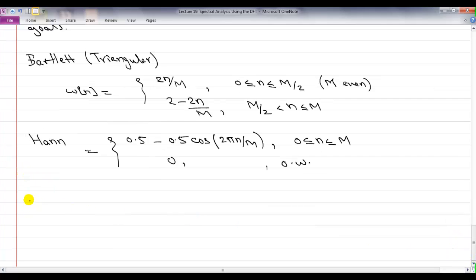There is the Hamming window. That is equal to 0.54, very similar to Hahn, with slightly different constants, basically the upfront coefficients.